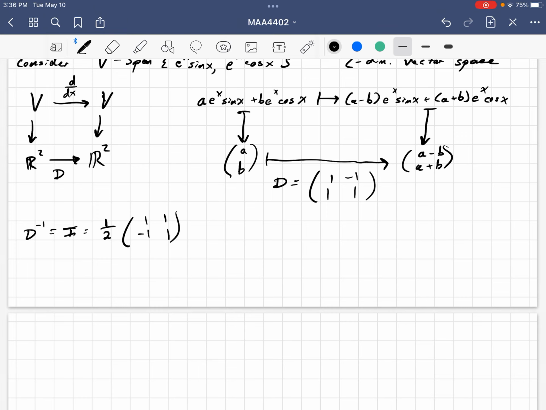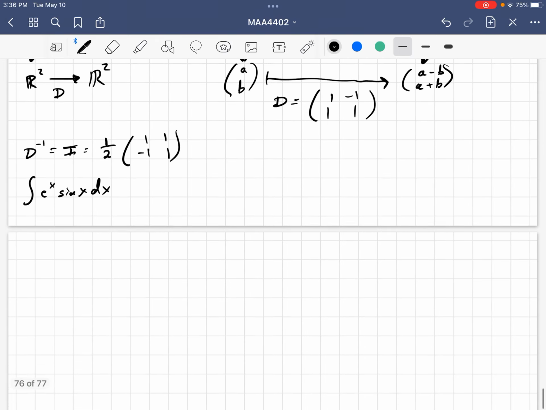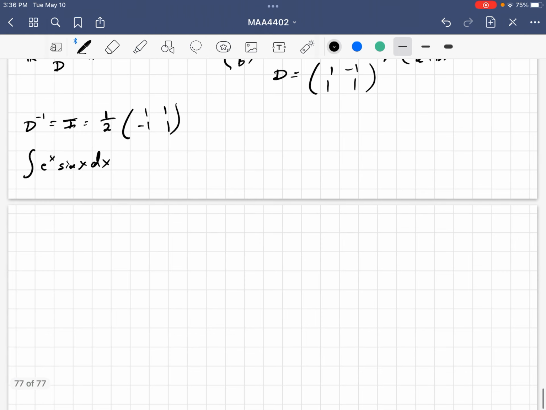And that is our integral matrix I, which we can actually use to, let's say we wanted to compute the integral of e to the x sine x dx. So what we can do is associate this with D inverse, or I, times the matrix 1, 0.